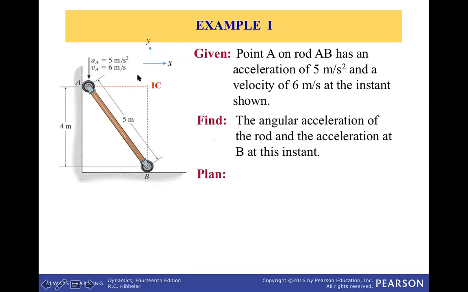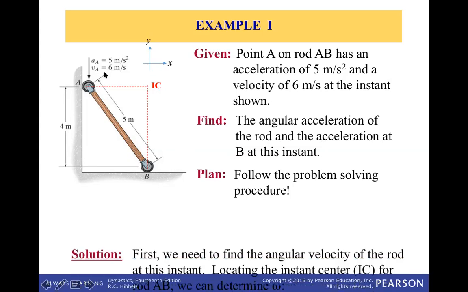It's asking you to find the angular acceleration of the rod and the acceleration of the rod at point B. In this case, we can follow the procedures listed in the previous slide. First we set up an XY coordinate system. We can take X to the right, Y upward, and then naturally Z is coming out of the board. So that's what we should have for the XYZ coordinates. And then let's see.